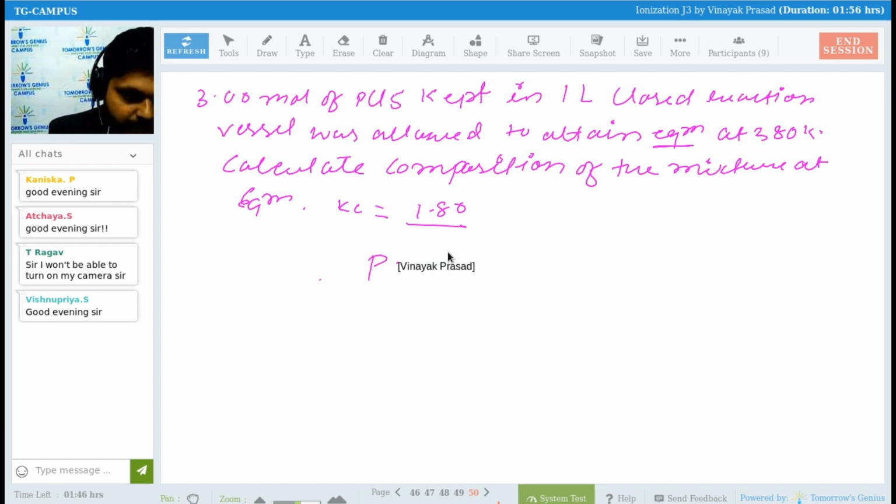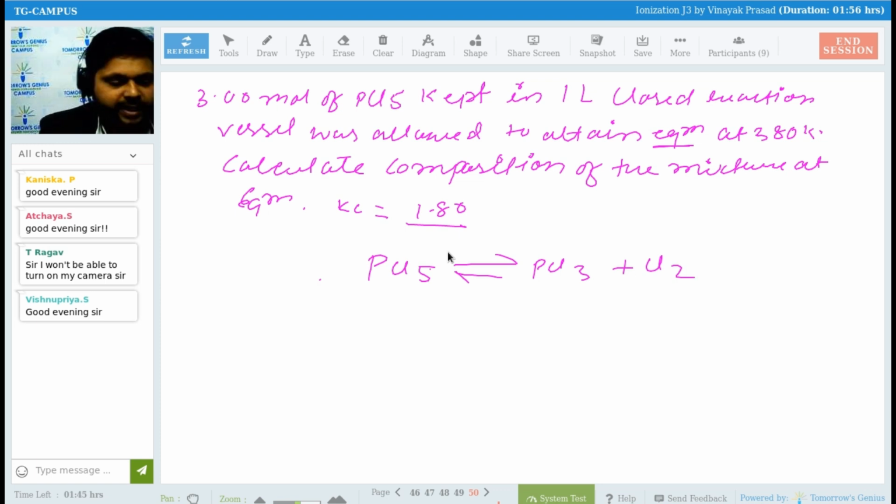So 3 mole of PCl5 kept in 1 liter closed reaction vessel was allowed to attain equilibrium at 380 Kelvin, right? Calculate the composition of the mixture. So PCl5 will react, it will form PCl3 and Cl2, right?